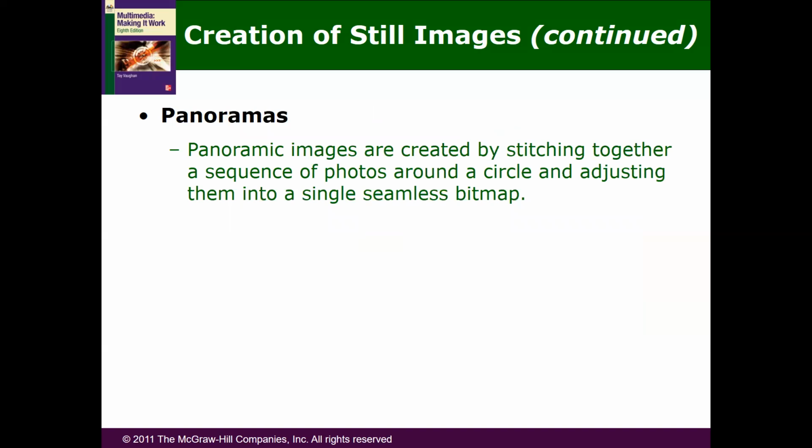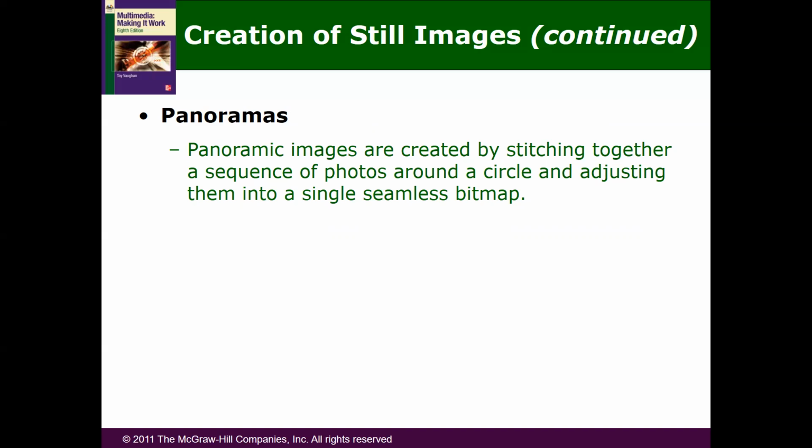Panoramas. Panoramic images are created by stitching together a sequence of photos around a circle and adjusting them into a single seamless bitmap. This is what I was telling you earlier. To make this work, one needs to stitch things together.